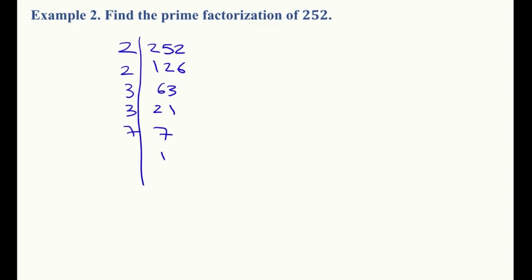So the prime factorization of 252 is going to be 2 times 2 times 3 times 3 times 7 in spelled out notation. And if you put it in exponential notation, you get 2 squared times 3 squared times 7.